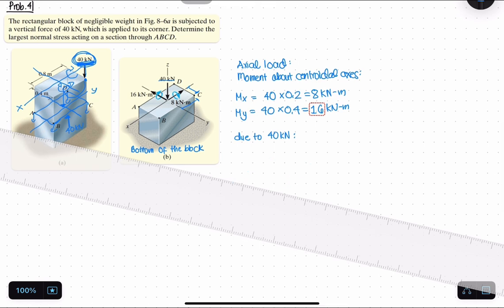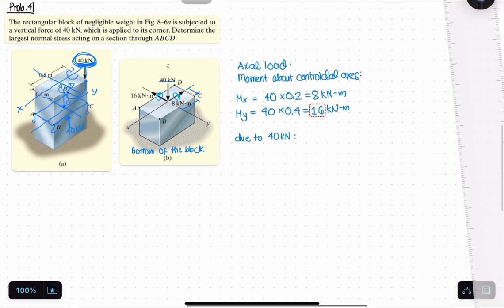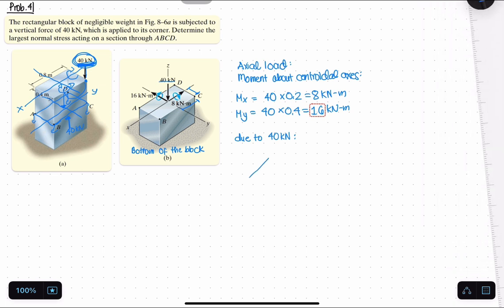Hindi na lang ako gagamit ng ruler kasi matatagalan tayo. So, ito siya. So, compression ang nature ng 40 kilonewton natin. So, that will be uniformly distributed sa ating cross-section, di ba? So, pababa din siya.